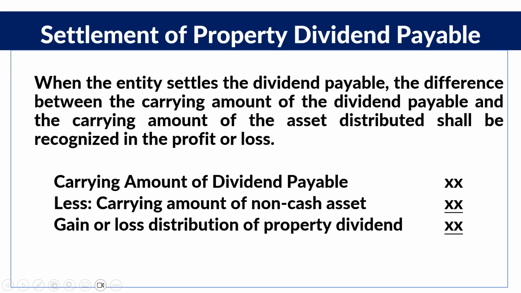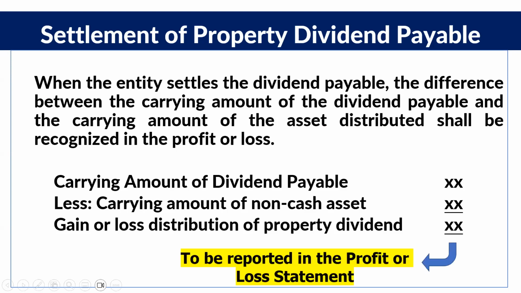So that's carrying amount of the dividend payable versus the carrying amount of the non-cash asset. So ma-determine natin kung meron ba tayong gain or loss on the distribution of property dividend. Okay? So that one, itong difference na to is part of your profit and loss statement. Na it is to be reported in the profit or loss statement or income statement for the period.